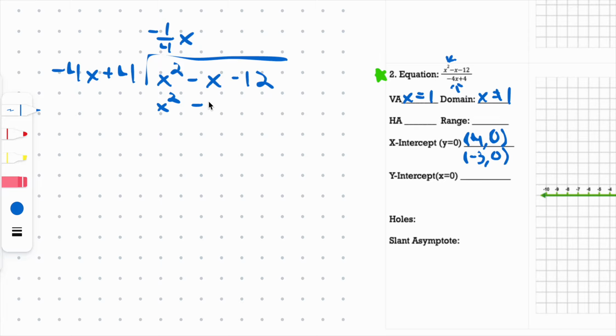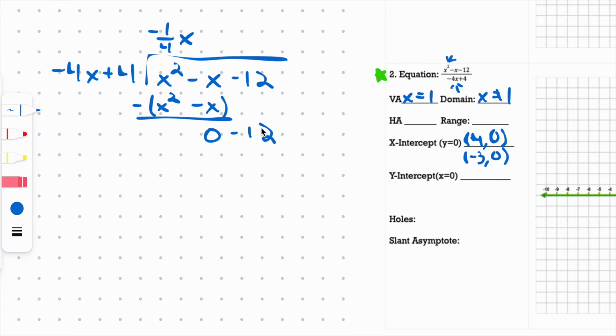That's just going to give us -x. Now we want to subtract both of these. I just want to make sure that I have the right equation. When we subtract, we get 0, and then we get -12. Obviously we can't multiply x by anything to get 0.